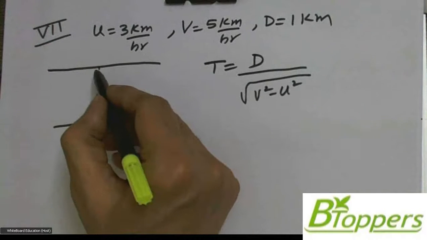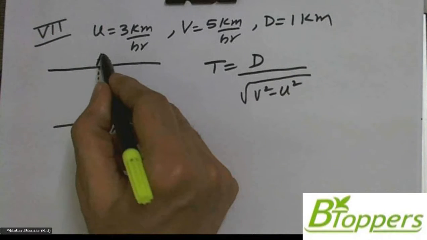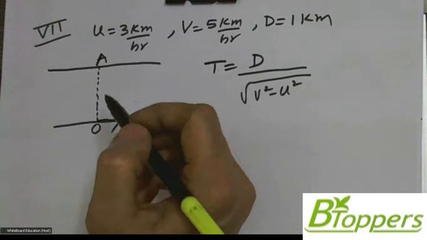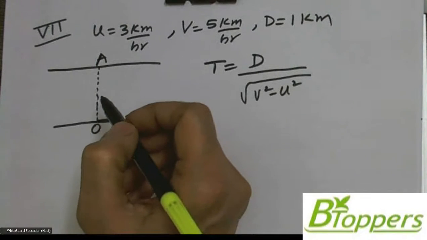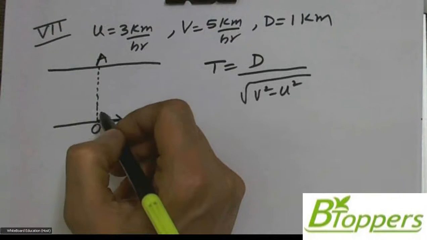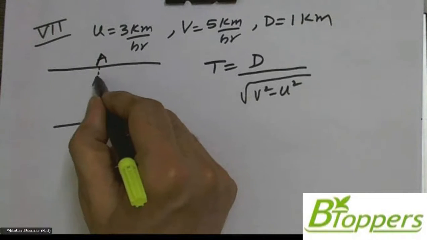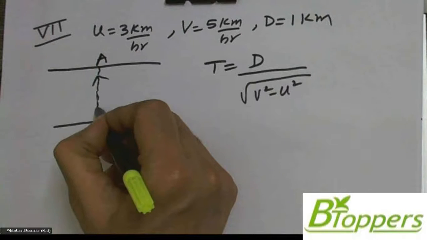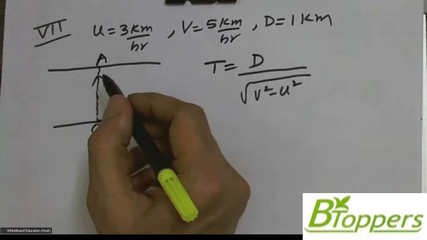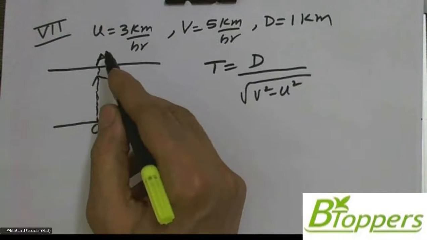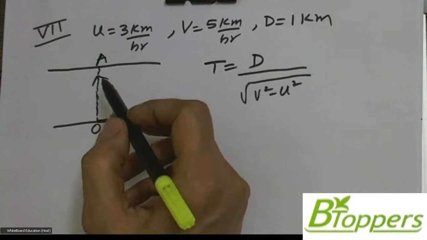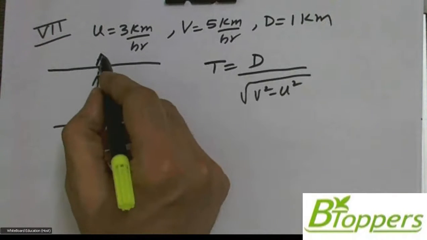Here Y is the initial position of the boat or swimmer on one bank of the river. A is exactly opposite point on the other bank. So the boat moves along the minimum distance path and reaches the exactly opposite point on the other bank when the resultant velocity is directed toward the opposite point here.